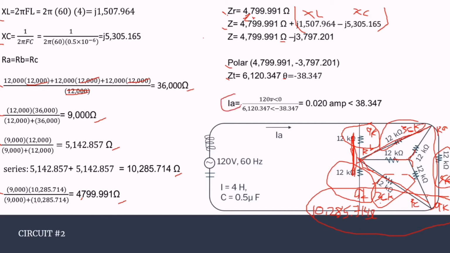To compute for our AI, 120 volts is given and no given angle, over our Z total 6,120.347 and our angle negative 38.347. First, we're going to divide our volts by Z total.